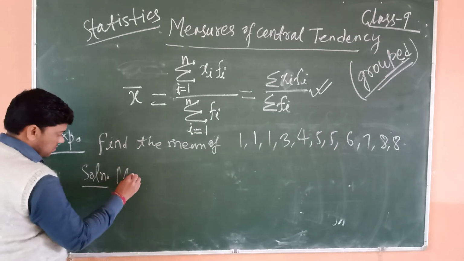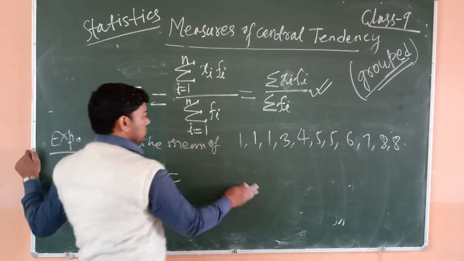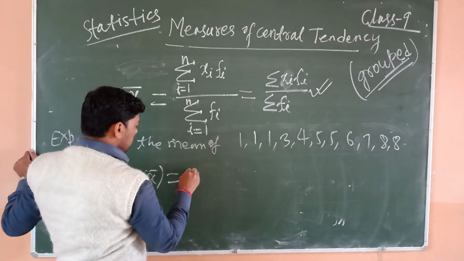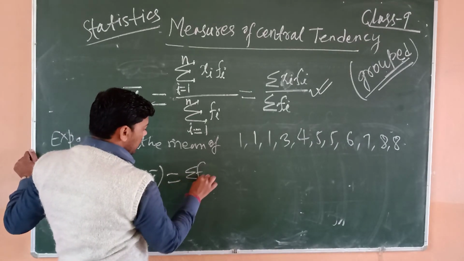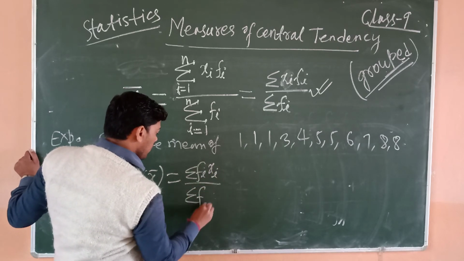Solution: mean x bar is equal to, see, sigma fi xi upon sigma fi.